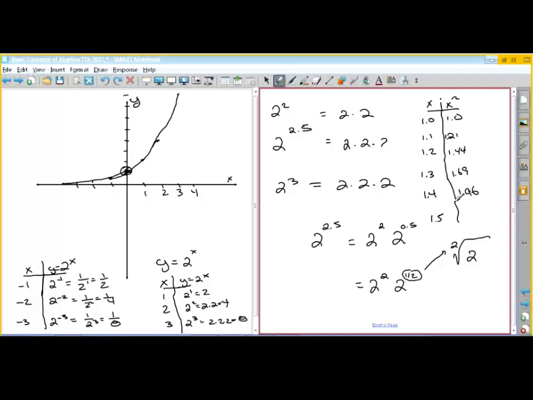So I get 1.96. If I tried 1.5, I get 2.25. So the value of x, when multiplied by itself, that gives a value of 2 is going to be somewhere between 1.4 and 1.5.